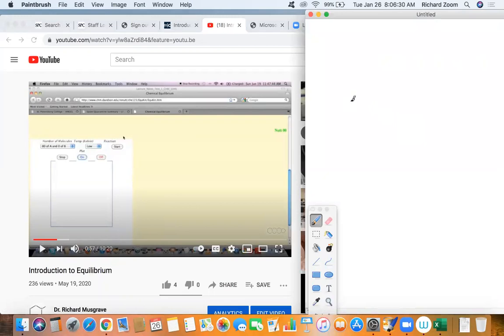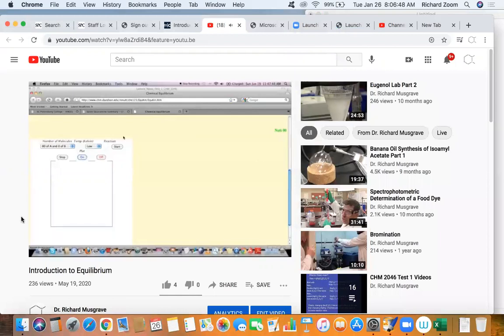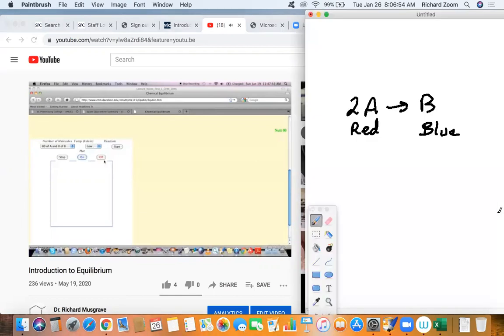And I think it's 2A gives B, and I think the A's are red and the B's are blue. All right, so let's take a look at what happens with this. Where we're going from 2A to B, and the A's are red and the B's are blue. Let's take a look at how the reaction goes.